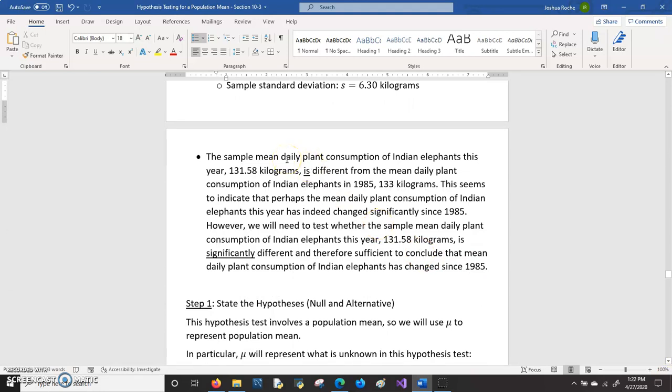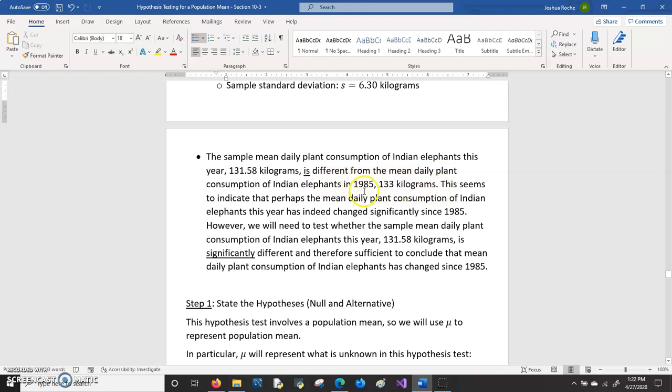So the sample mean daily plant consumption of Indian elephants this year, the 131.58 kilograms, is different from the mean daily plant consumption of elephants in 1985, which was 133 kilograms.